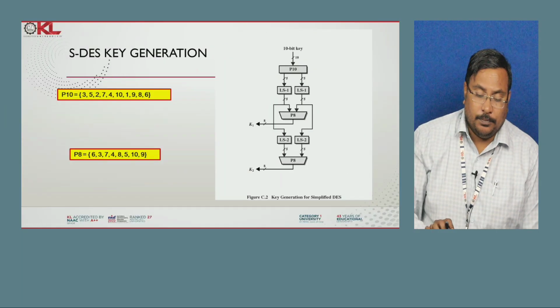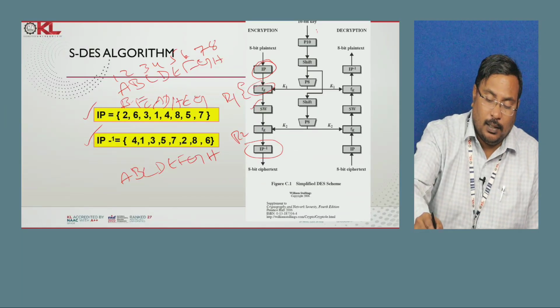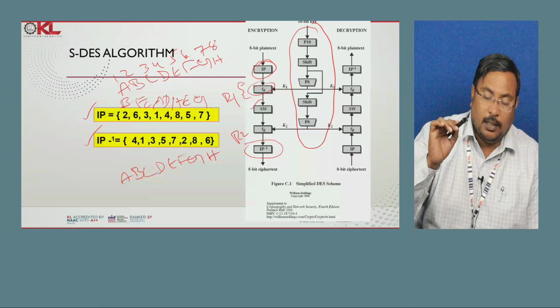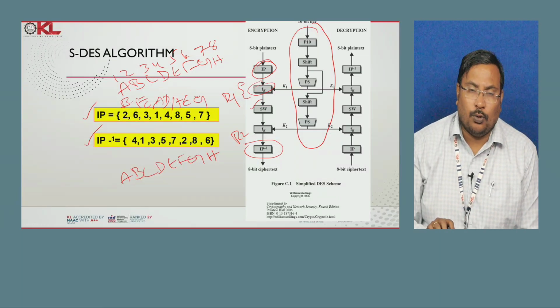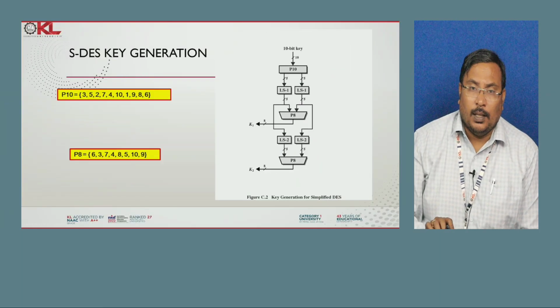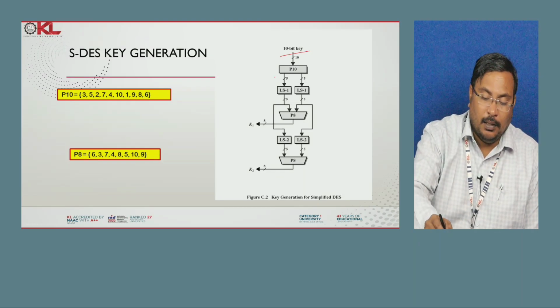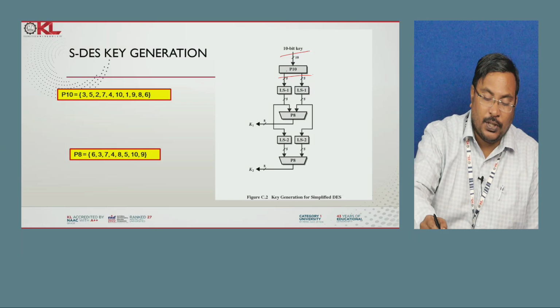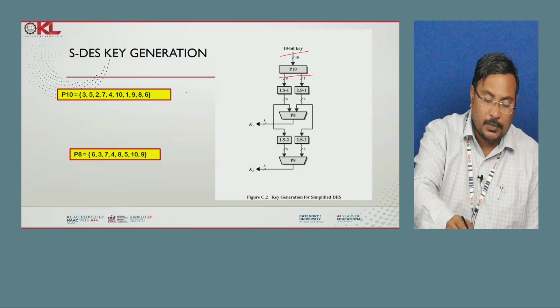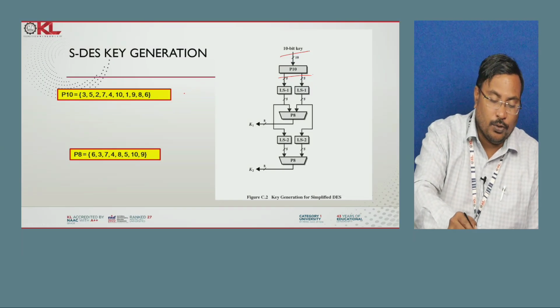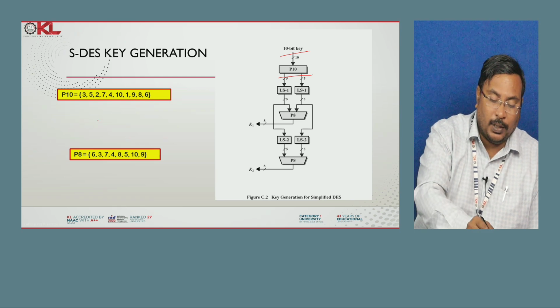So this is the key generation mechanism, for 2 rounds. A 10 bit key is the input, and P10, that means permutation 10, rearranges the values from 1 to 10.